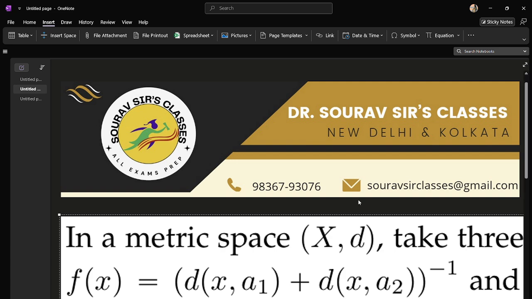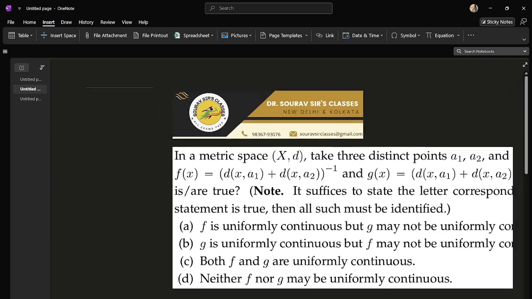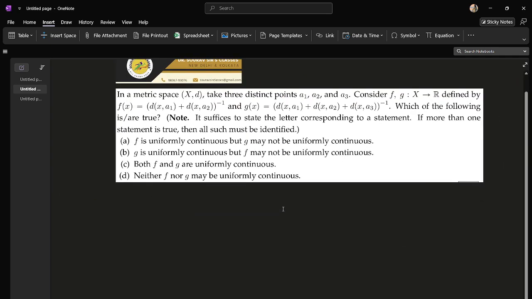Okay. So we are now doing a mathematical problem which appeared in our NBHM 2024 previous year question. In this question, in a metric space (X, d), there are three distinct points A1, A2, and A3.